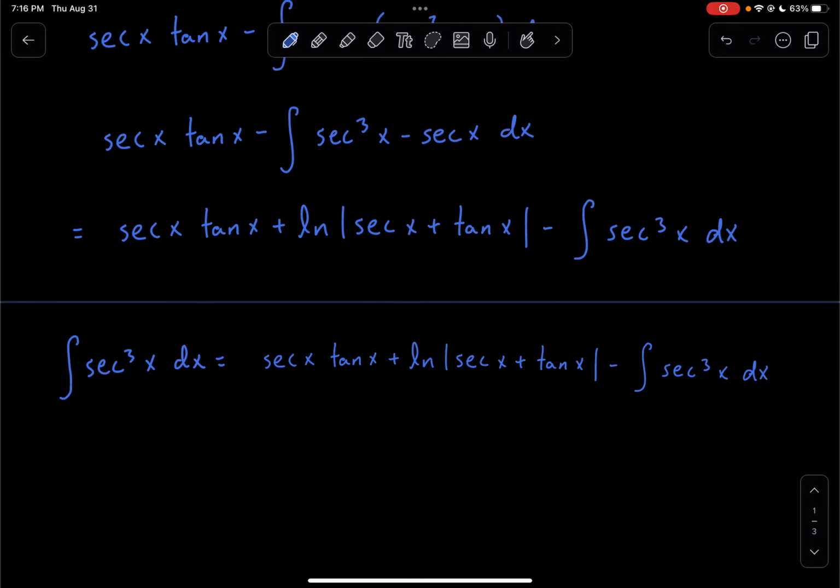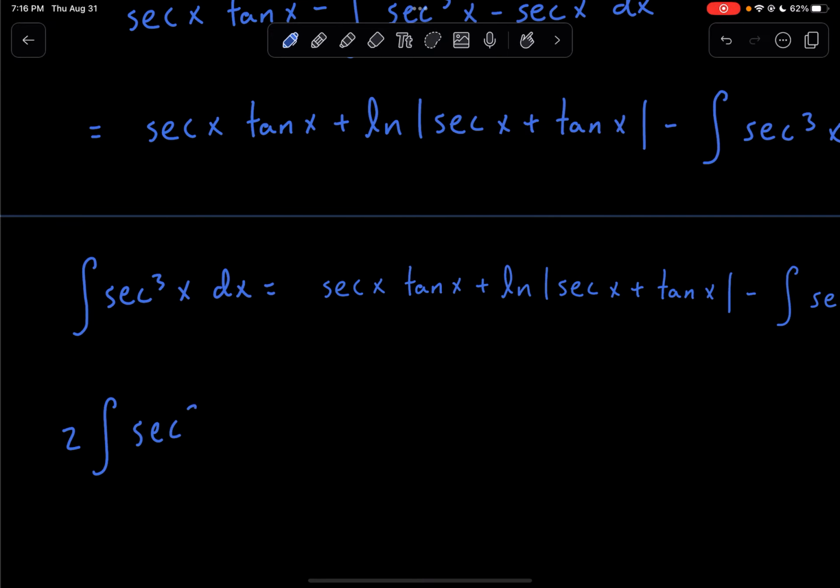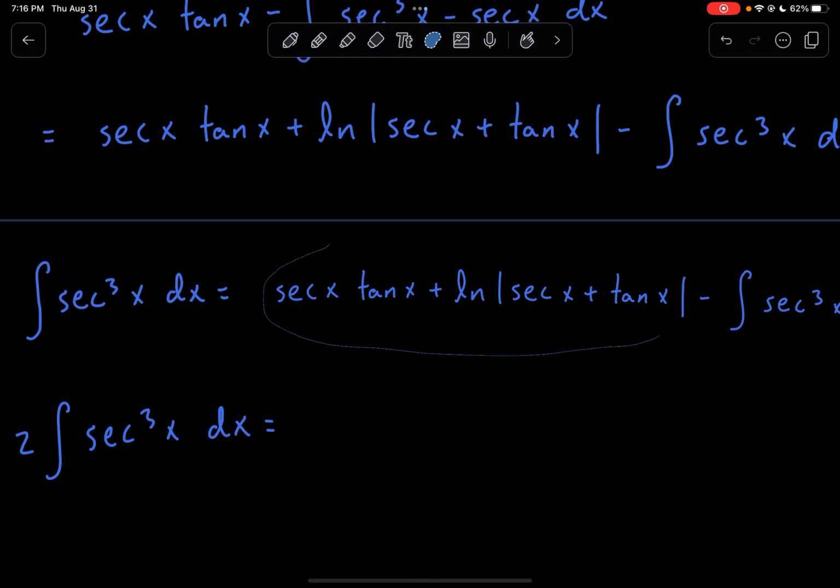And the reason we're going to do that is so that now we can combine these terms. So let's bring them both to one side. This becomes 2 integral of secant cubed x dx is equal to, now we still have everything that we had over here.